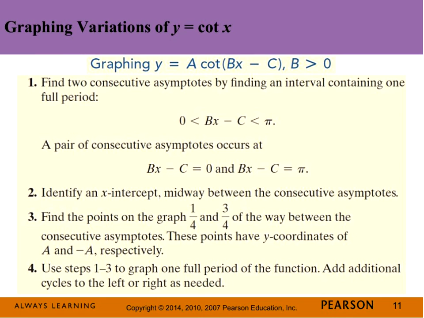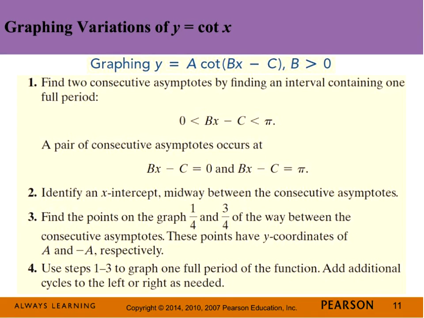Okay, so same thing that we had last time here. We have that we're going to have asymptotes at the expression bx minus c when that lives greater than 0 but less than pi. And you can either solve that simultaneously as the inequality or set it up in its separate pieces as an equation. To identify x-intercepts, those are going to be midway between your asymptotes.